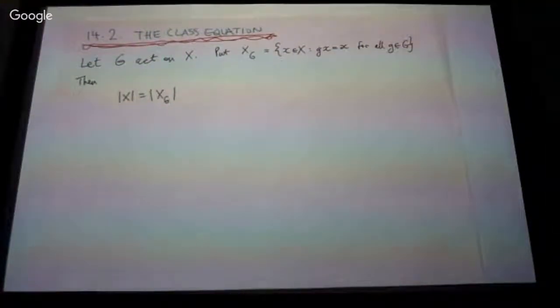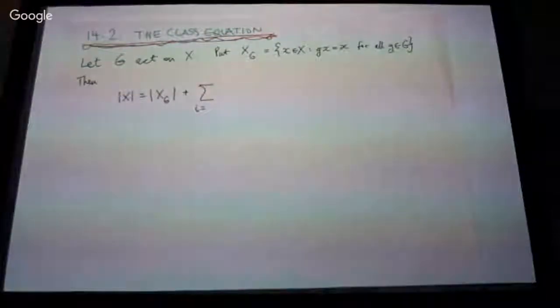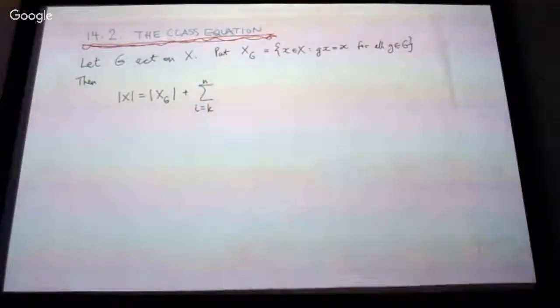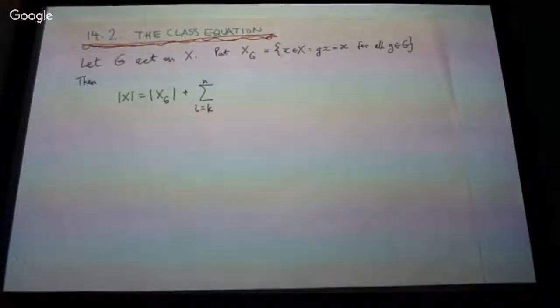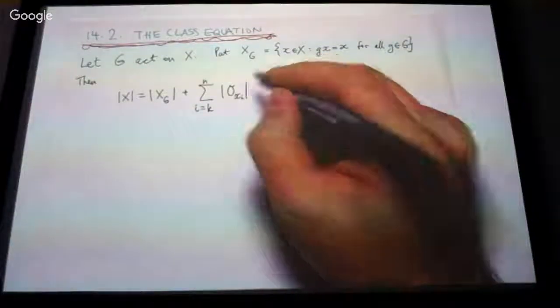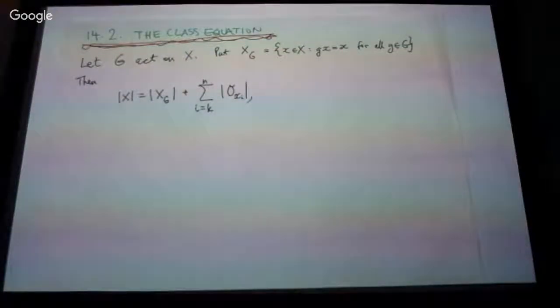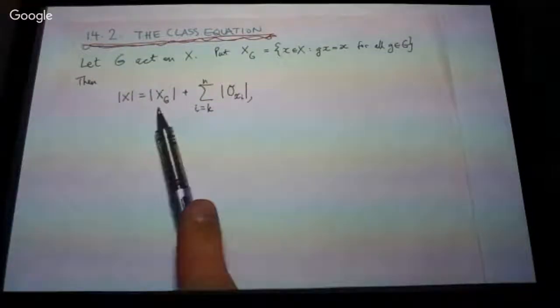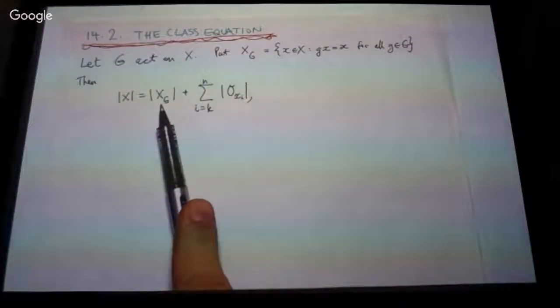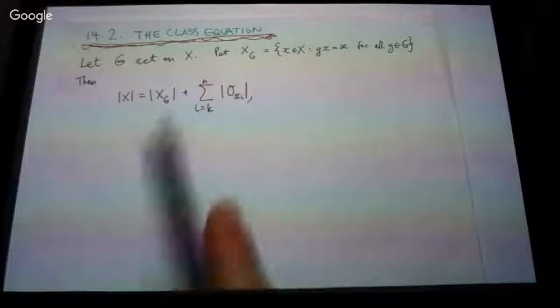You count all the elements whose orbit is size 1, and then you add the sizes of all the other orbits together, and what you get is the number of elements.